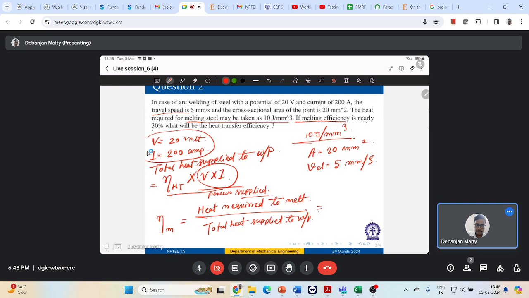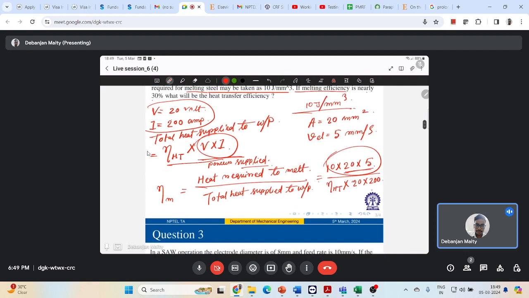This will give me 10 joule per mm³ into 20 mm square into 5, right? This gives the total heat required to melt the material. I get the volume, multiply it with the heat required per unit volume, and divide by heat transfer efficiency into 20 into 200, right?